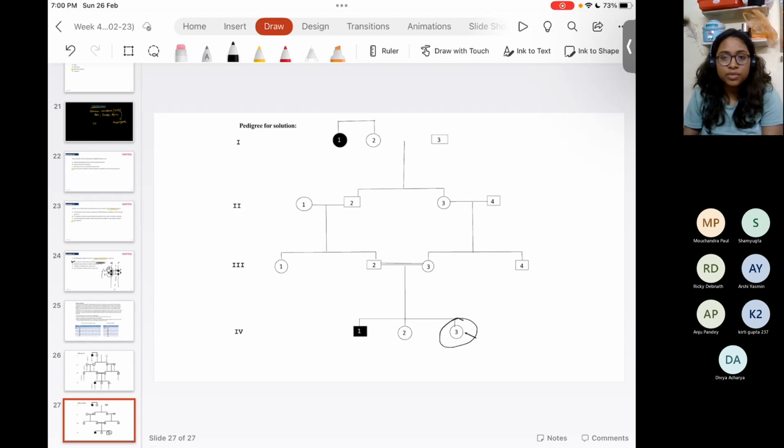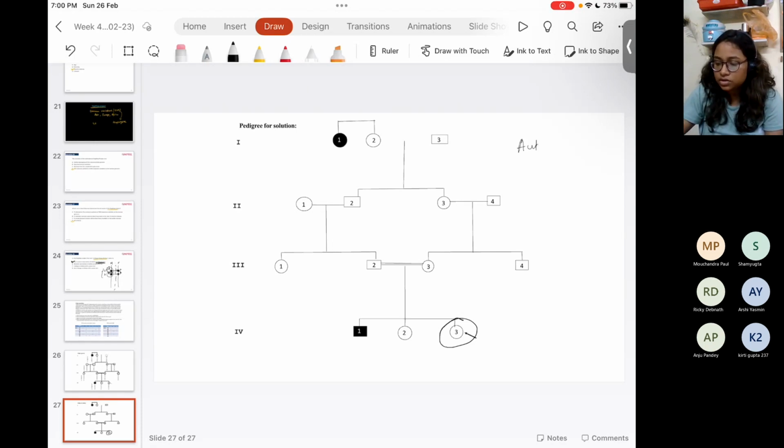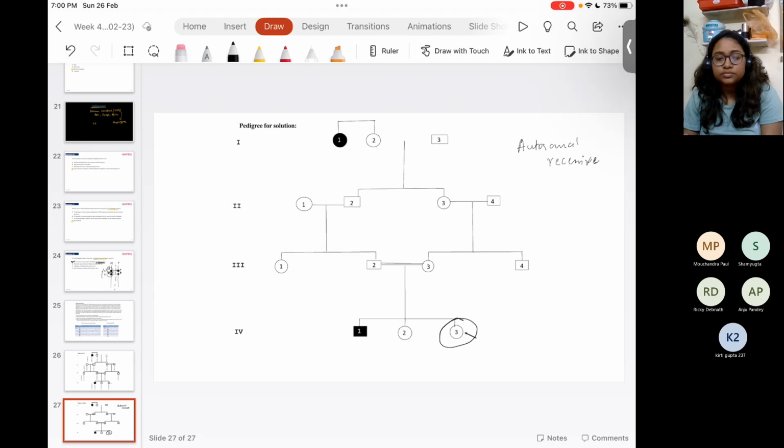Looking at the pedigree, you will understand that this is an autosomal recessive type of inheritance, because there is consanguinity. Also, the affected children don't have affected parents, and it affects both male and female. So from this pedigree, we can say that this is autosomal recessive.